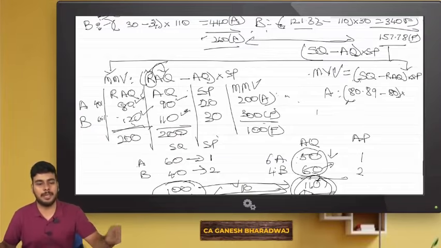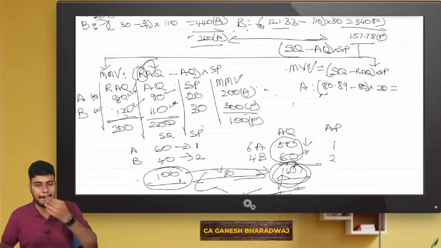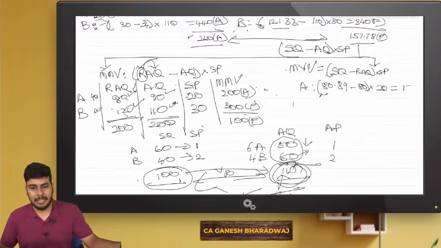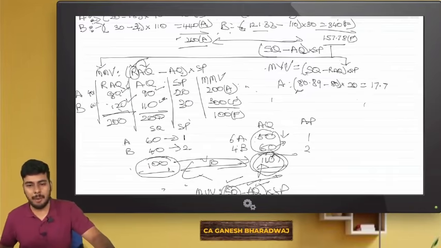Into standard price is how much? 20. So how much is this? 17.78. Adverse or favorable? It's favorable.